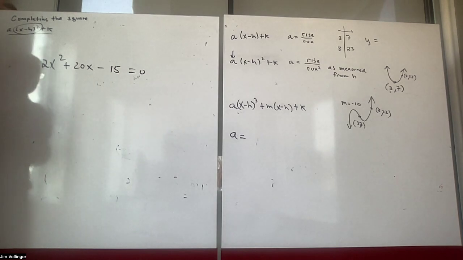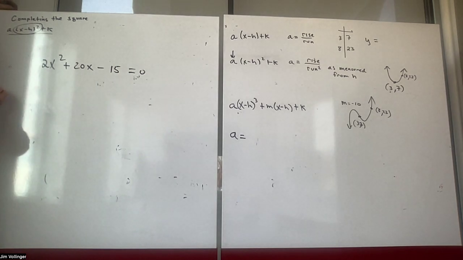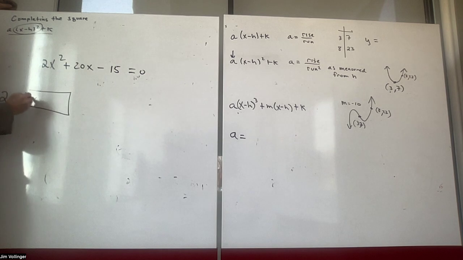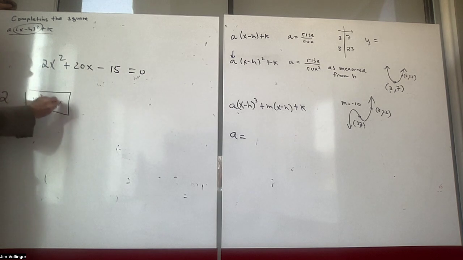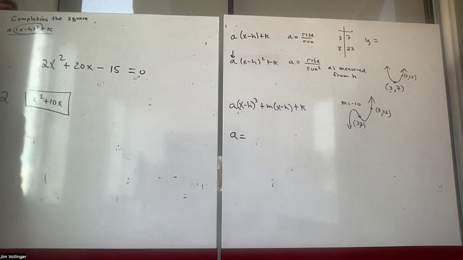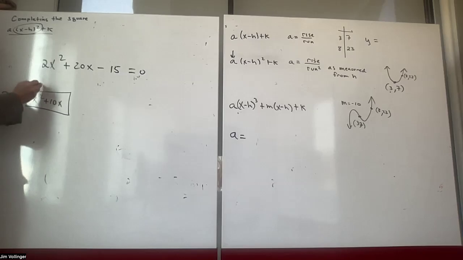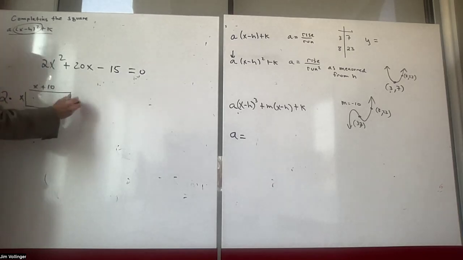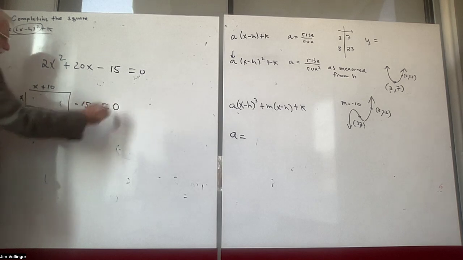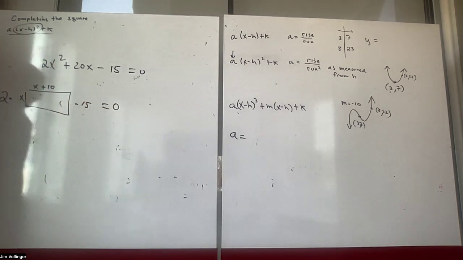Well, it's a little trickier because I'm really going to factor out 2 times an area of x² plus 10x. So I'm really doing that, completing the square there, and that is equal to 2 times x plus 10 minus 15 equals 0. Can you see this?